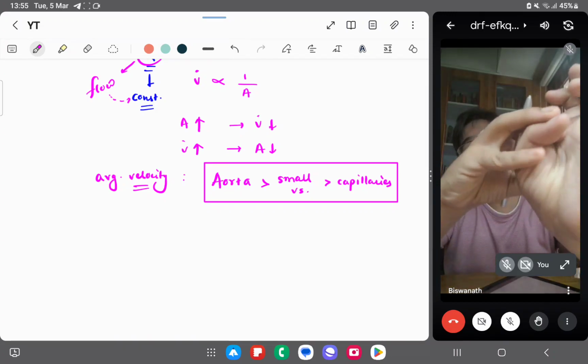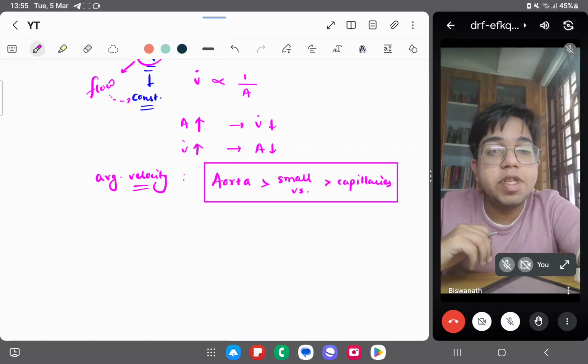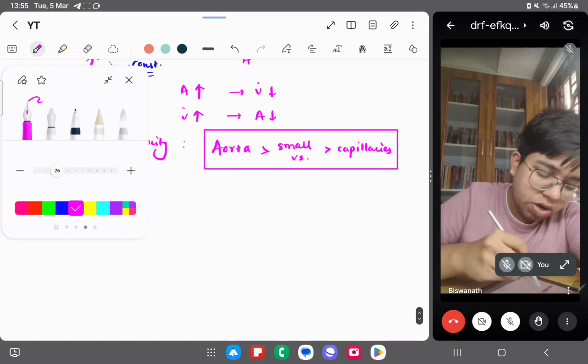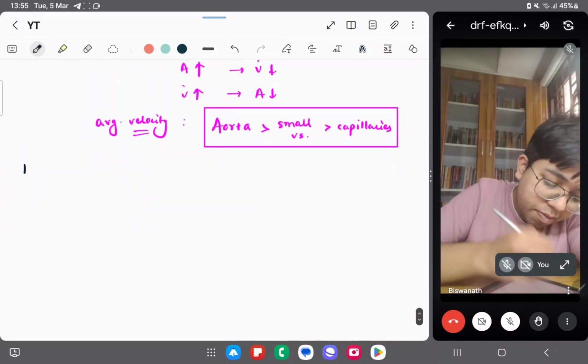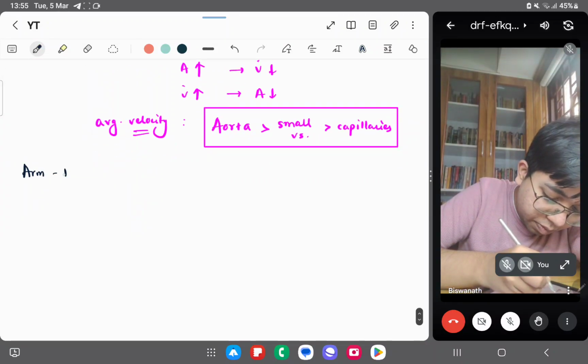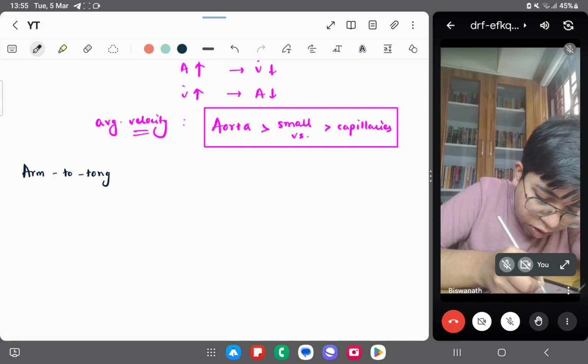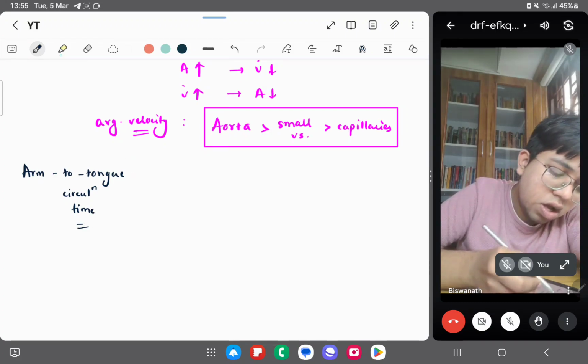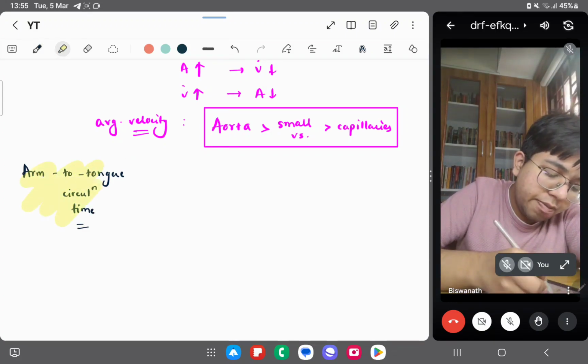Okay. In Ganong, there is a thing given which is called the arm to tongue circulation time. Another thing I want to discuss with you is the arm to tongue circulation time. What is this?